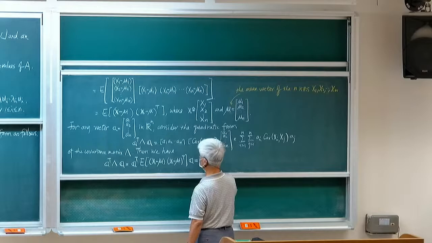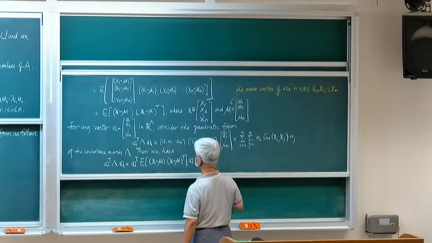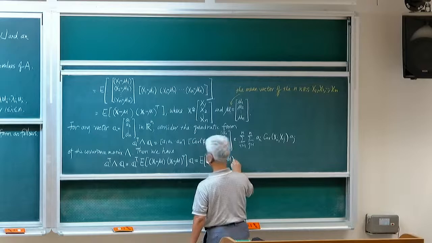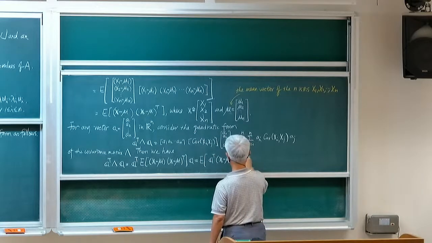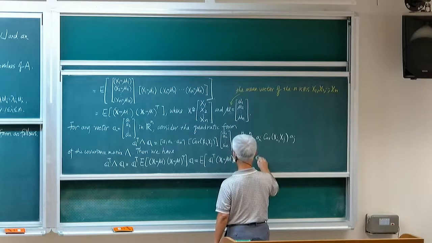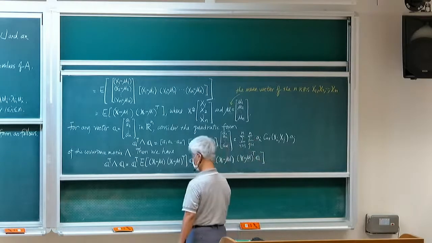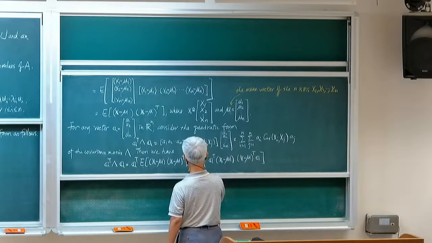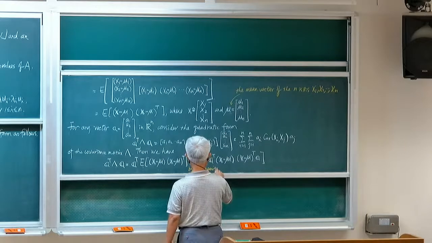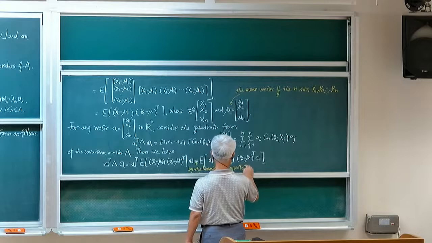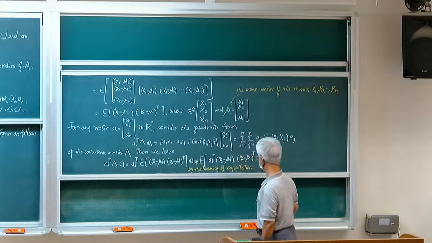So this is actually equal to the expectation of a transpose (x minus mu)(x minus mu) transpose a. Here we use the linearity of expectation.